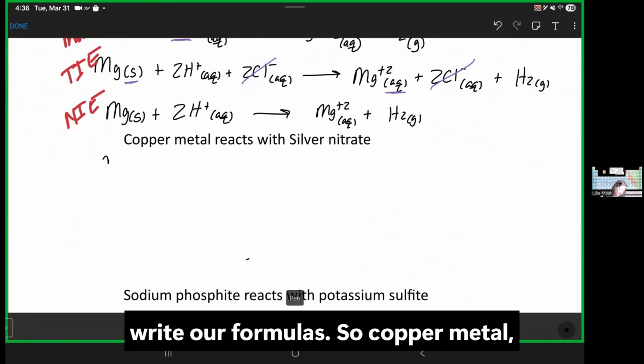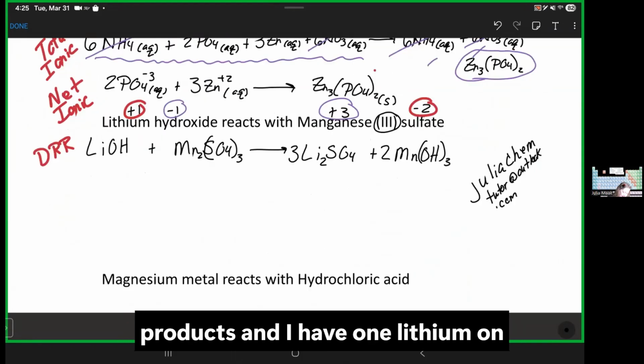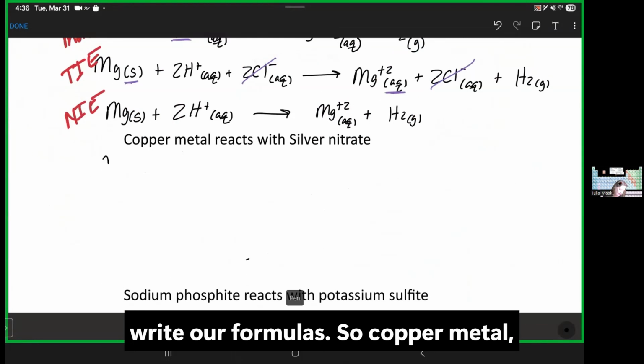Now here is a combination reaction. Hydrogen combines with oxygen, and what could that possibly do except combine together to make water? Hydrogen is a gas, oxygen is a gas, and water is a liquid. Again, I have absolutely no aqueous in there.